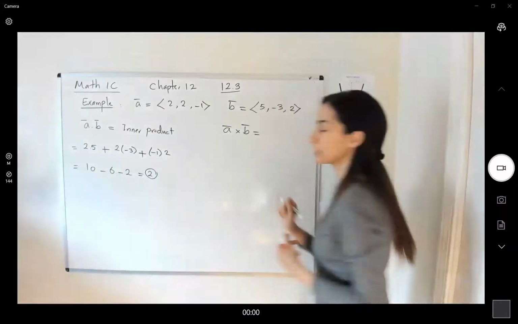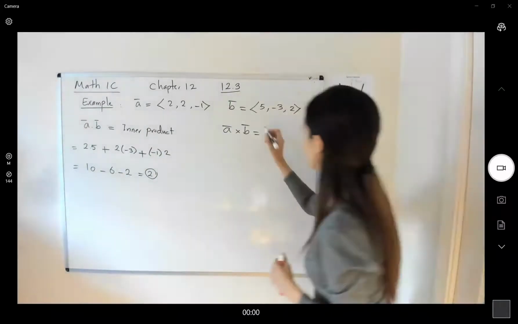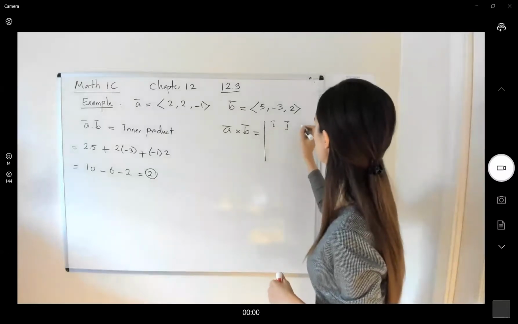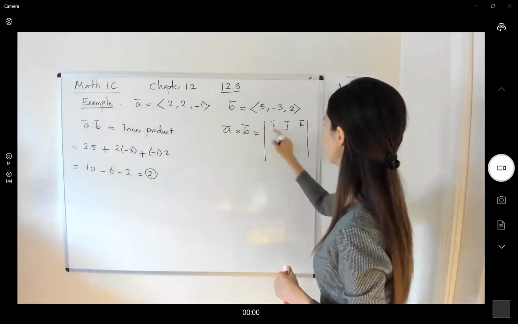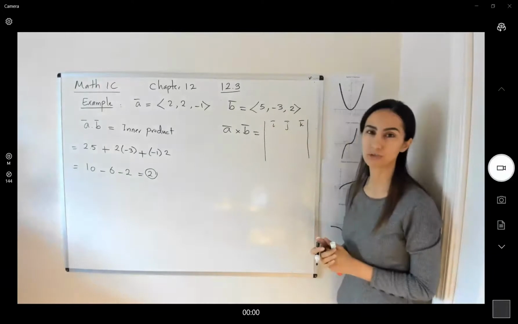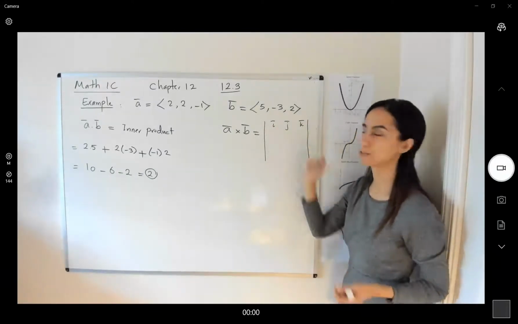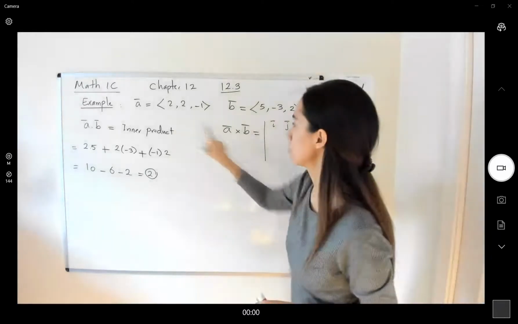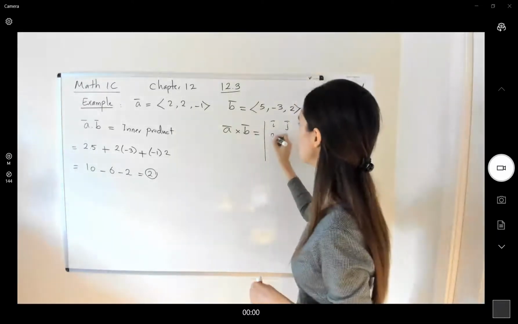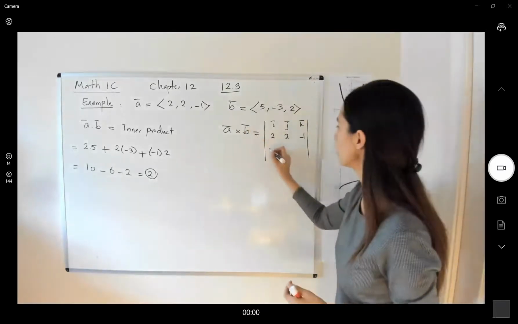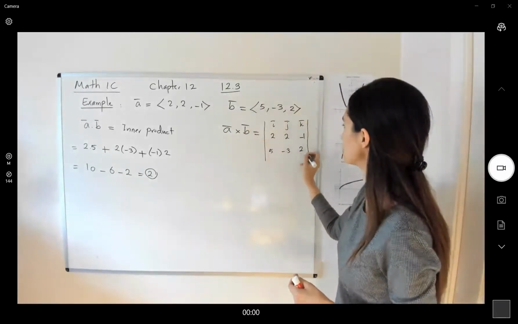Now for the cross product. You have i, you have j, and you have k. The very first row shows the direction of the x-axis, the direction of the y-axis, and the direction of the z-axis. We copy down the first vector A, 2, 2, negative 1. We copy down the last vector, 5, negative 3, 2.